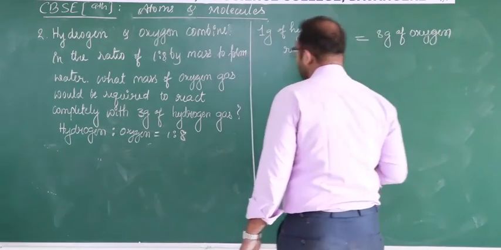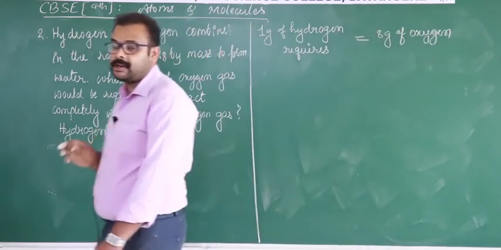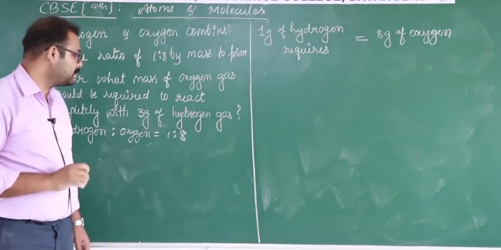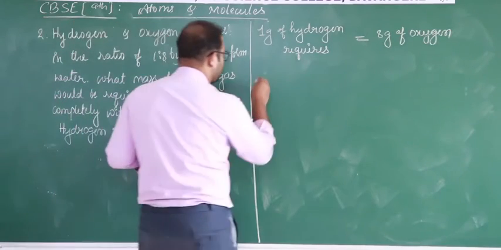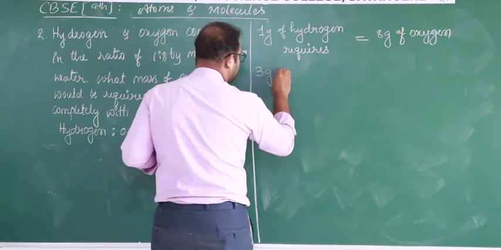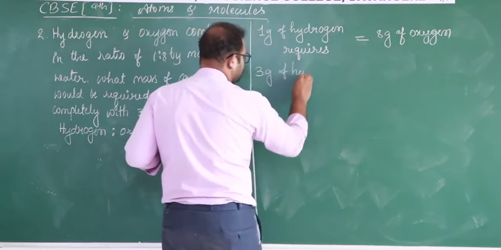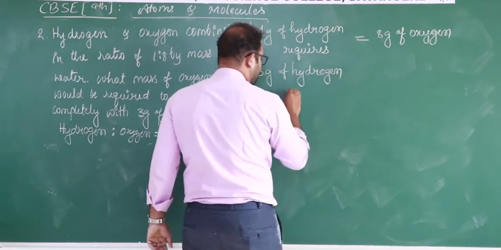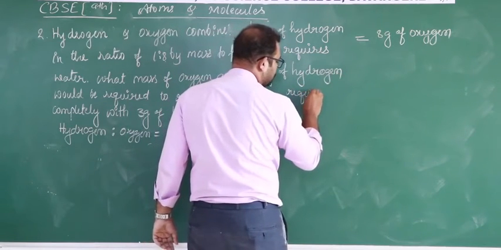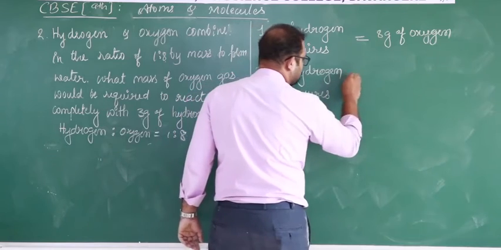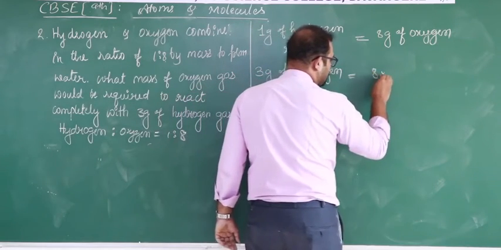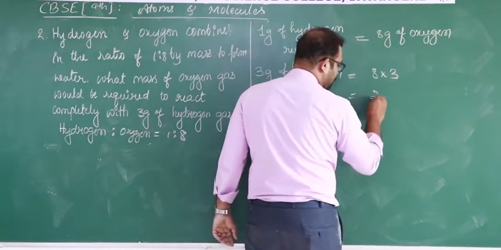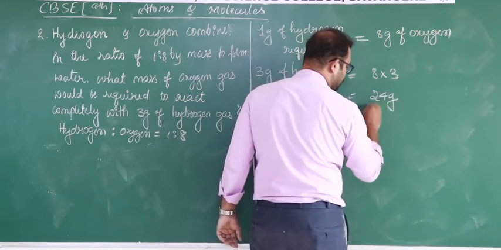Means in order to form water, 1 gram of hydrogen requires 8 gram of oxygen. Then 3 gram of hydrogen requires how much oxygen, that we have to find. So it is 8 into 3, it is 24 gram.